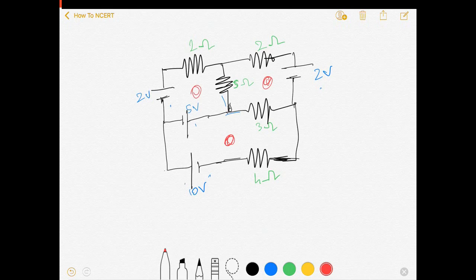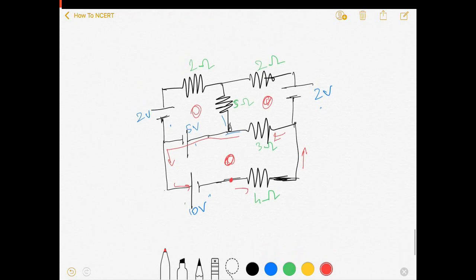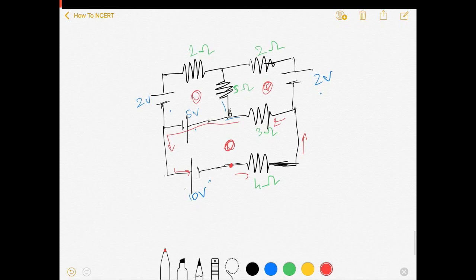Say I start over here, I walk this way, I take a turn left, I walk this way, I take a turn left, I walk this way. I keep walking, I take a turn left again, I walk this way. And in the end, I come back to the same spot. My displacement was zero, right? That's basically how Kirchhoff's second rule also works.